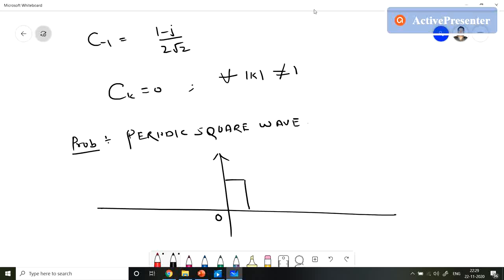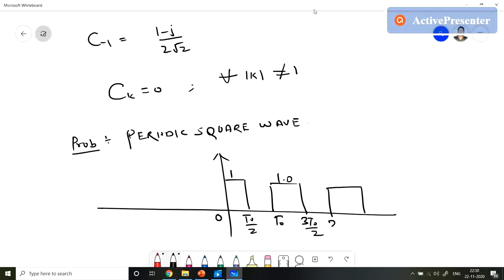From 0 to T0 by 2 it is 1, then this is T0, and this is 3T0 by 2, it is again 1, and it is repeating.